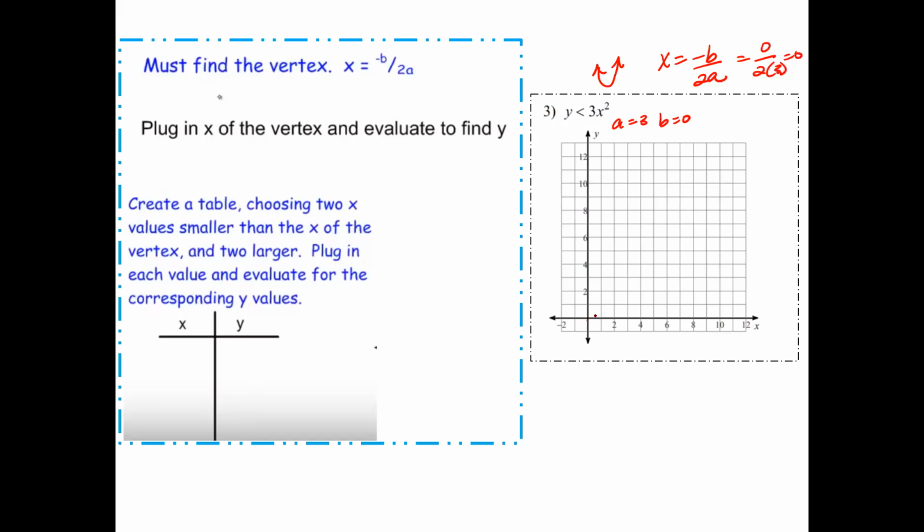So you know that at x, you have 0. But the problem is you don't know what the y is, like how low do you go? So with the y, you're going to put in x equals 0. So y is equal to 3 times 0 squared. So y is also 0. And then you're just going to draw a parabola like this.